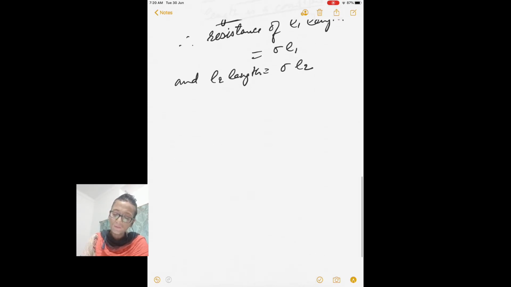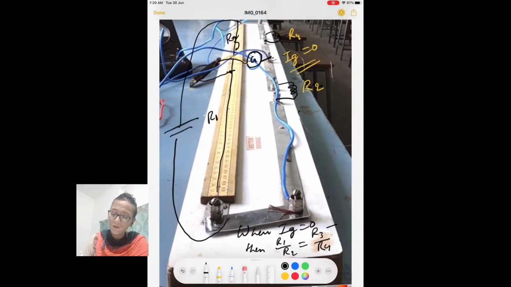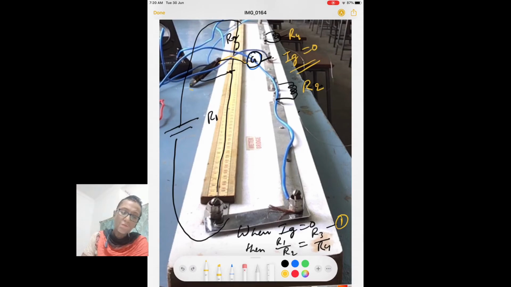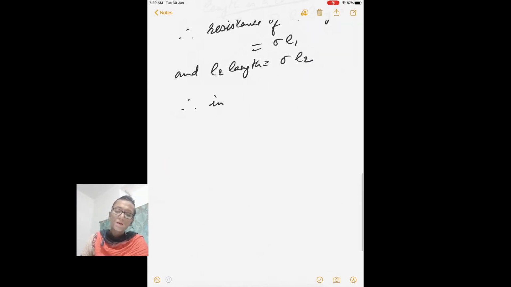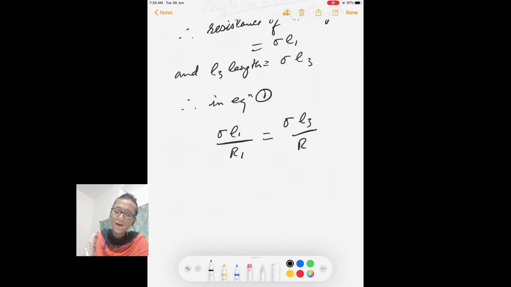Therefore in equation 1, in place of R1 we will write sigma L1, and this is your L3 length, sigma L3 upon R4.